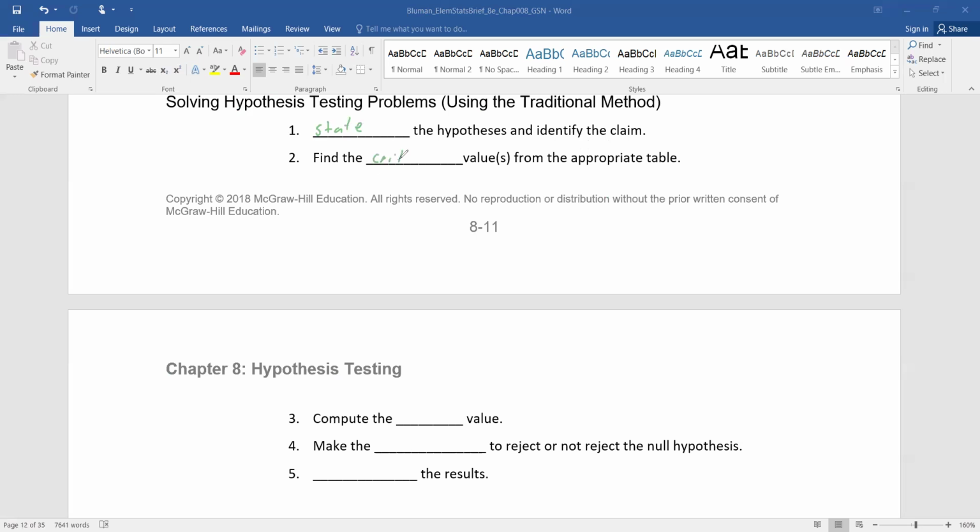Find the critical values from the appropriate table, compute the test value, make the decision to either reject or not reject the null hypothesis, and then summarize the results. You'll notice that most of these tests have the same steps. It's just that the test in the middle is going to look slightly different.